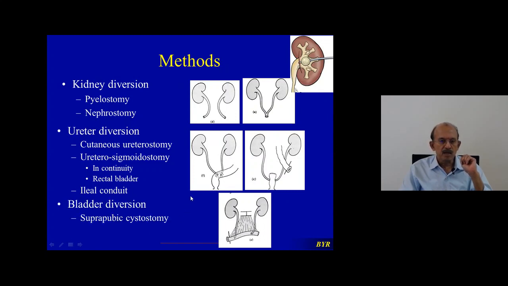Then bladder diversion through suprapubic cystostomy. That means you pass a catheter into the bladder through the skin. Cutaneous vesicostomy. That means you anastomose the bladder to the skin.